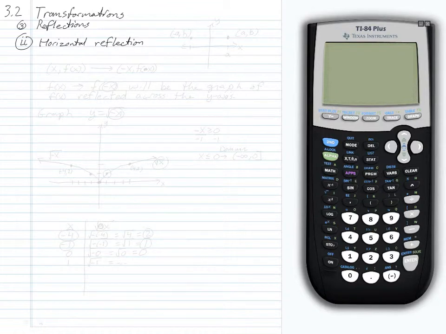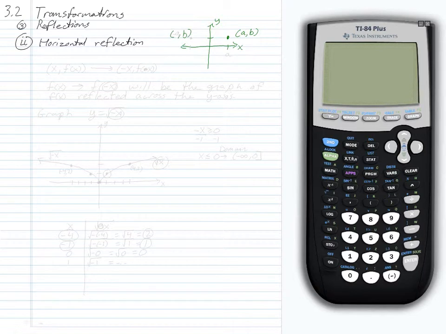Now, by similar reasoning, if I have horizontal reflection as my goal, if I have a point (a, b) on a graph of a function, and I wish to reflect that across the y-axis, how would I do that? Well, if I want it to be at the same height, its y-coordinate will be b.